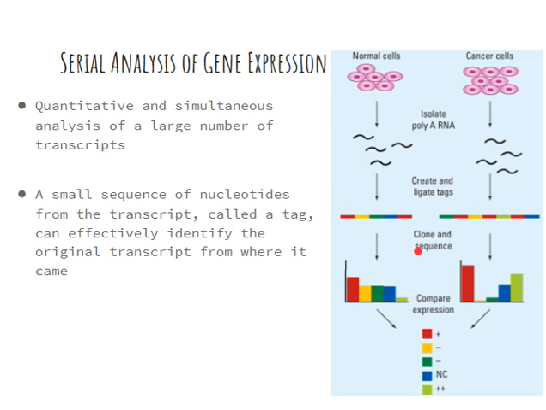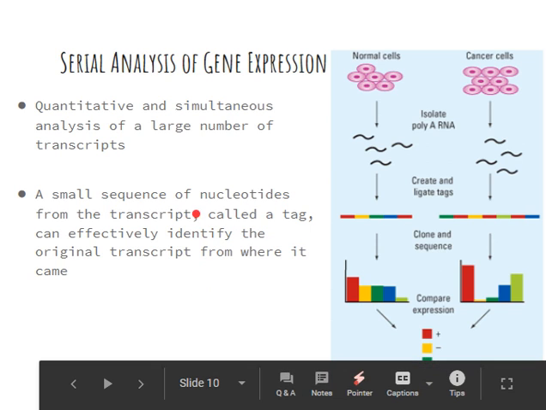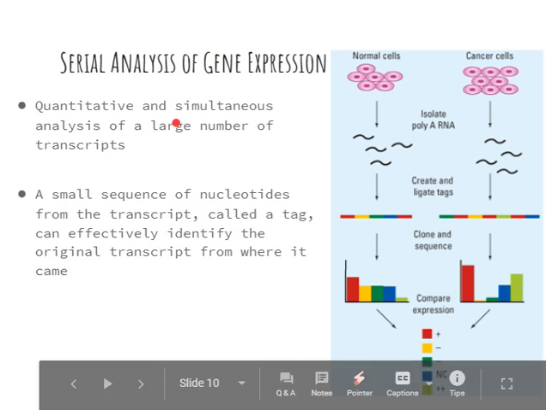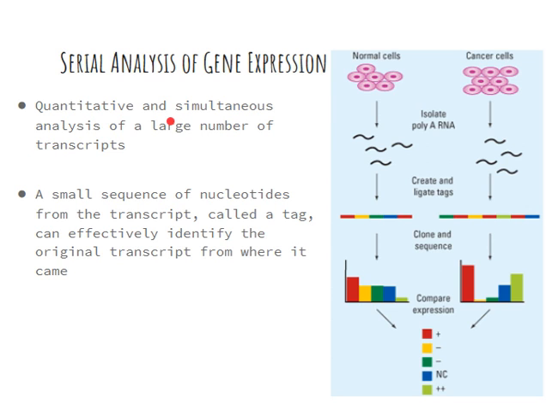The sequencing can give us the quantitative details of the individual gene expressions owing to the presence of specific tags. Hence, a single sequencing can generate data about thousands of gene expressions.